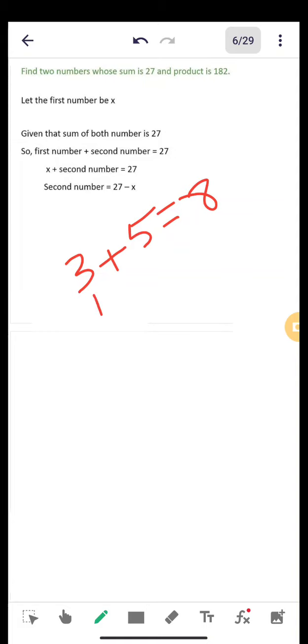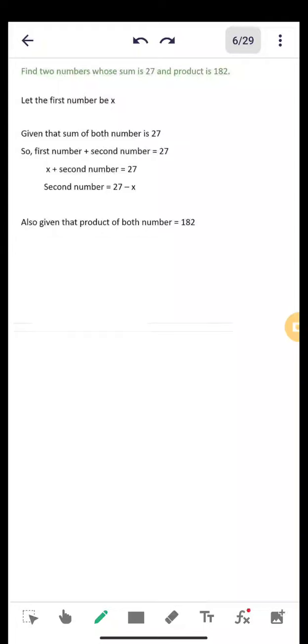If I know the first number is x, the second number will be 8 minus x. If the first number is 3, which I've supposed as x, the second number will be the sum minus the first number, that is 8 minus 3, which is 5. So using the same procedure, we consider the two numbers as x and 27 minus x.